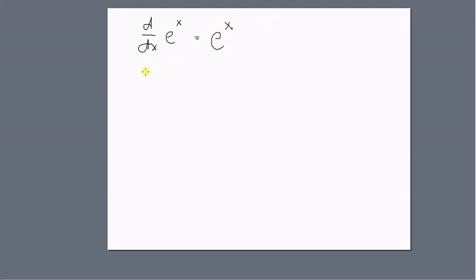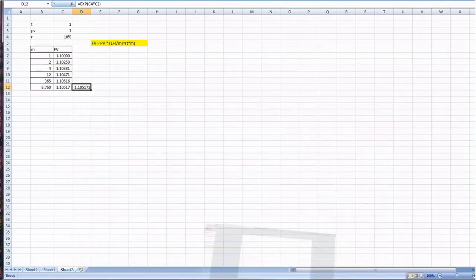Or even when we integrate an exponential function, the result is also the exponential function itself. This is a very useful result as we move on into more complicated, more involved aspects of finance valuation or even risk management. But for now, just understand that the exponential function means continuous compounding.